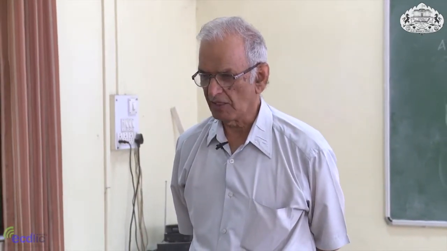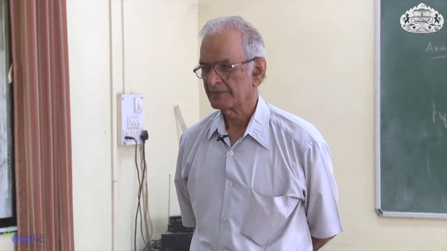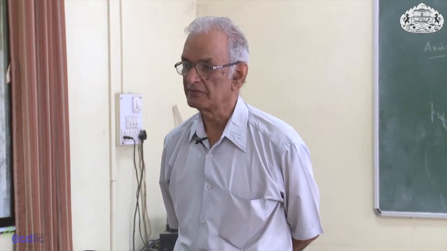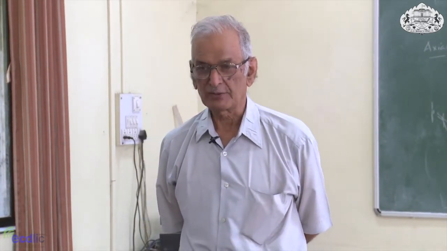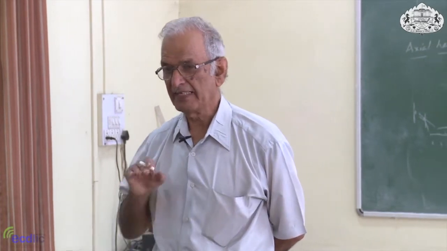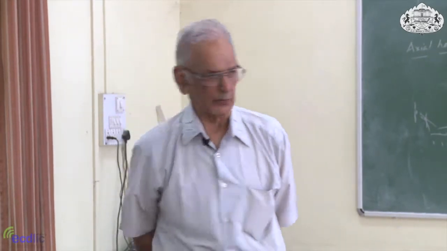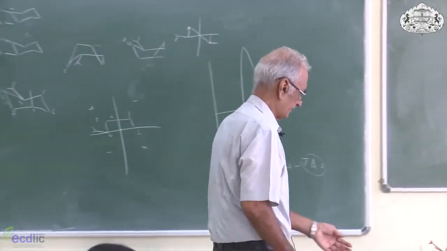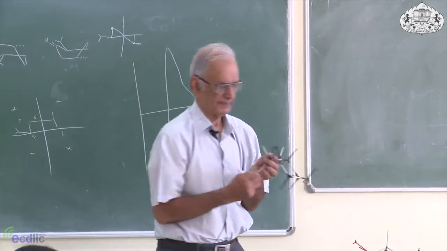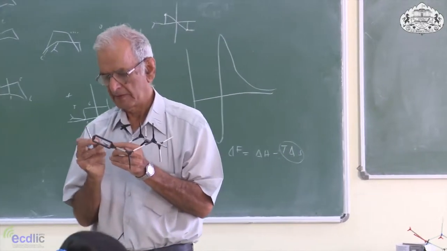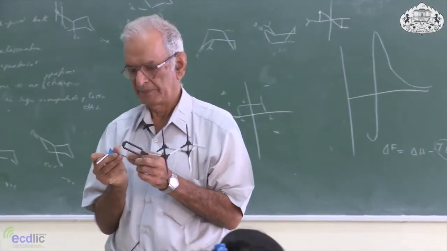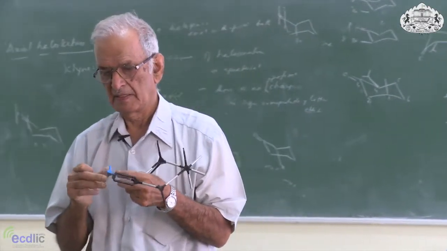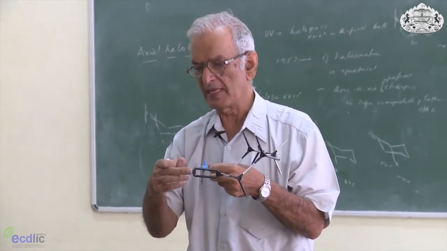What is this factor called? This is the dipolar field effect. This only happens when the halogen is equatorial. When the halogen is equatorial, what do I see?